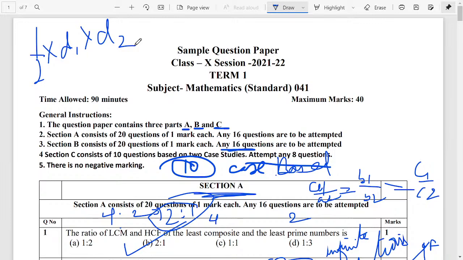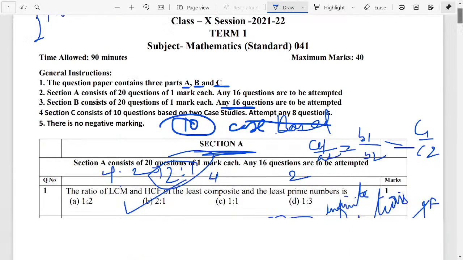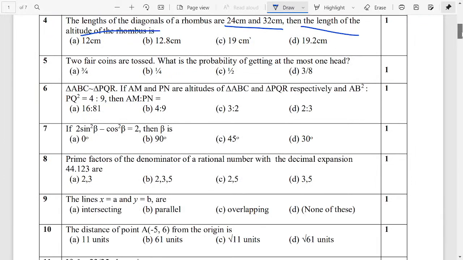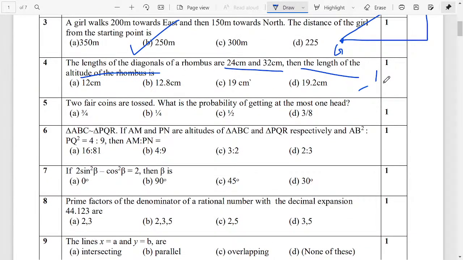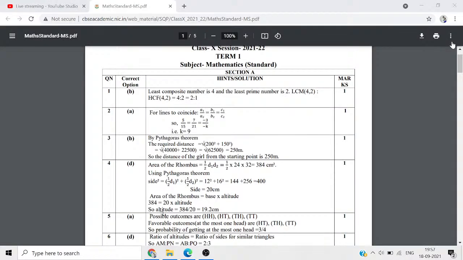Right, it is clear to everyone. So in this situation, what we have to put? See, half into 24 into 32, that will give you 12 into 32. You can calculate. Here I'm showing the answer.